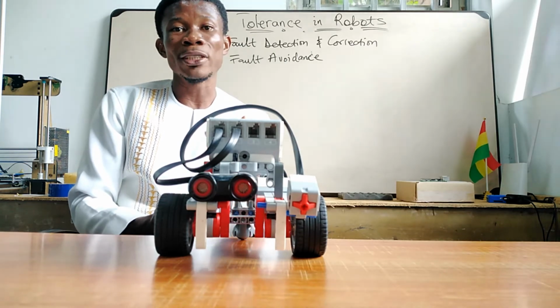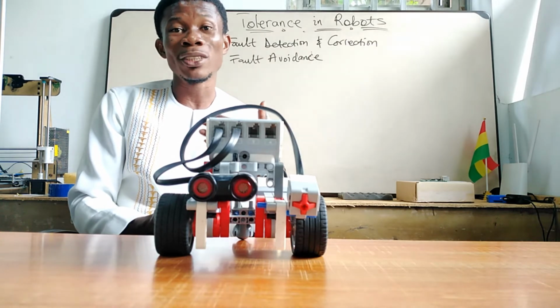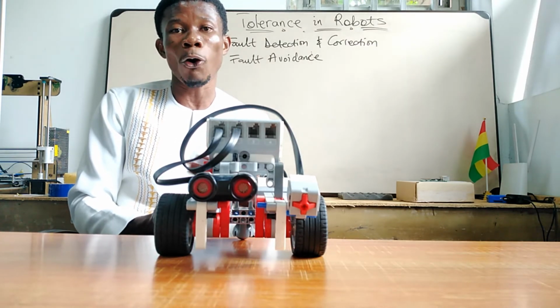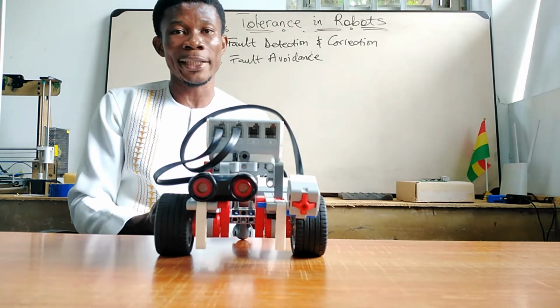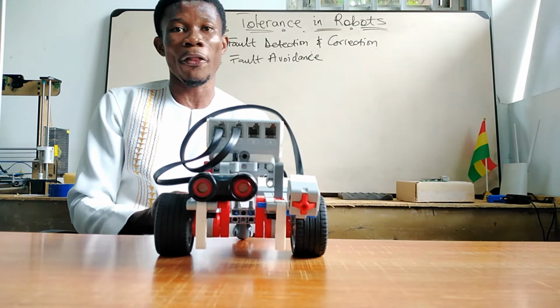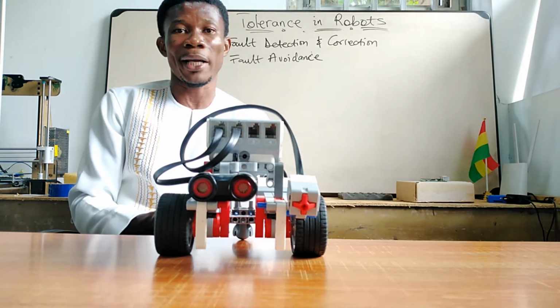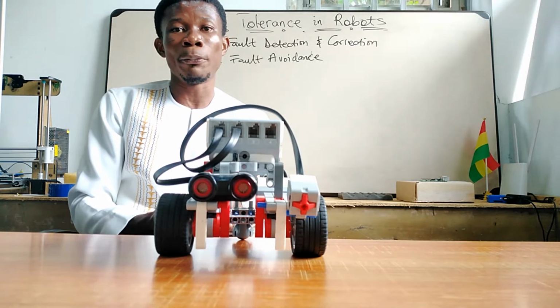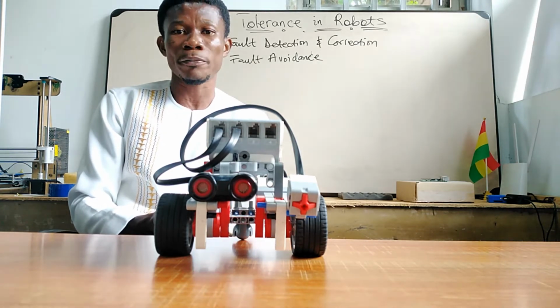I'll call that fault detection. So the collision is the fault. The sensor's ability to sense the collision is my fault detection mechanism. Then I write code that instructs the robot to move back on colliding into an obstacle and turn to a different direction. That becomes my fault correction mechanism.